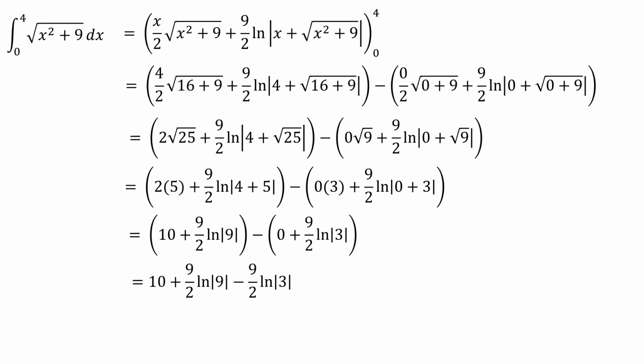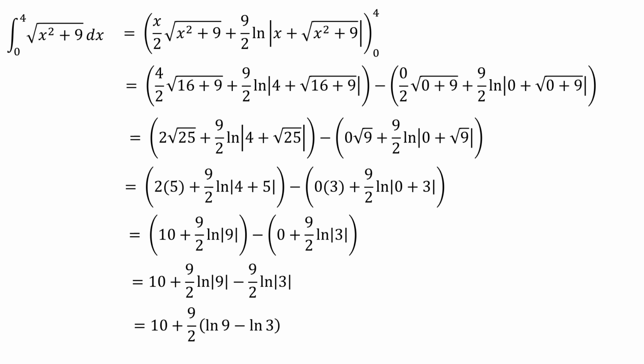Now, absolute value of 9 is plain old 9. We don't need the absolute value symbol anymore. Natural log of absolute value of 3, again, we don't need absolute value of 3. It's just going to be 3. And I also see a common factor of 9 halves. So we're going to keep the 10. We're going to factor out the common factor of 9 halves.